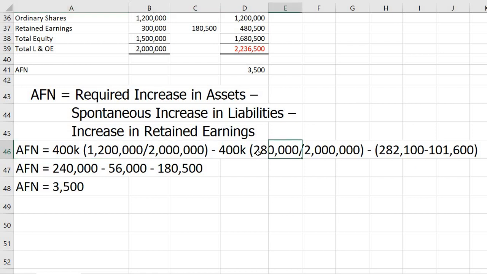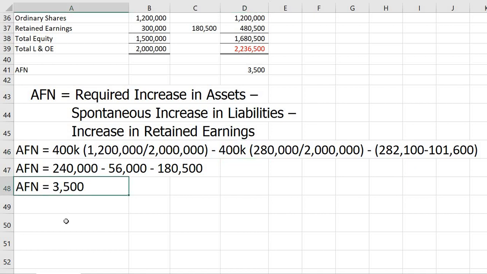Also, the 280,000 is your spontaneous liabilities, which in this case are the current liabilities. Generally, we assume that current liabilities will spontaneously increase with your sales, except if there is an indication that they are not spontaneous. I hope that is clear.